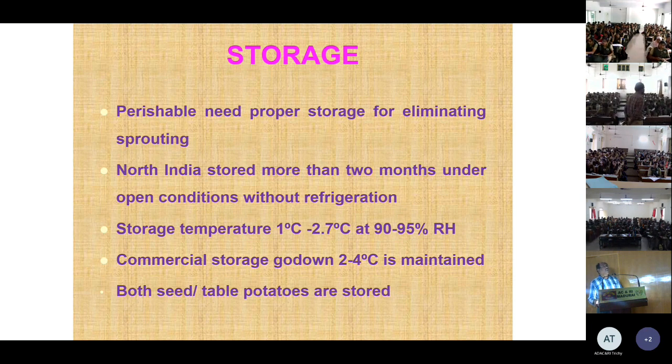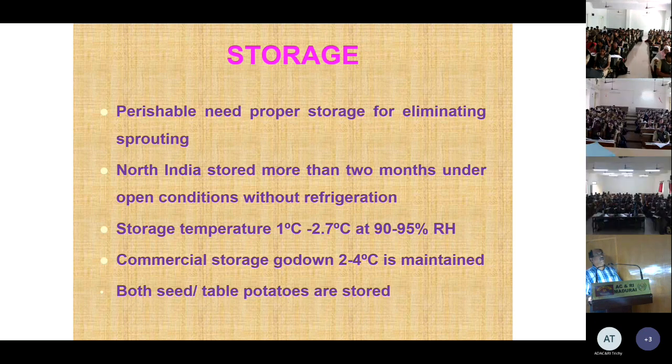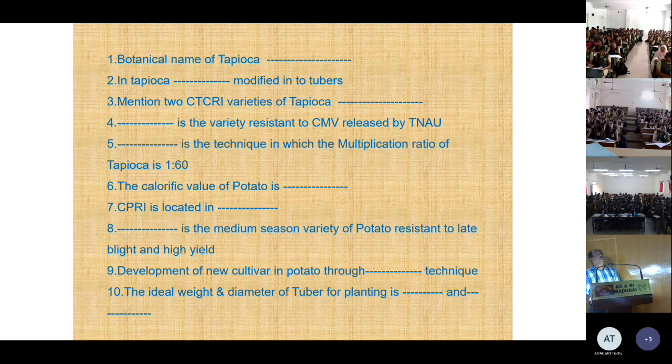Normally the tubers are stored at a temperature of 1 to 2.7 degrees centigrade with a relative humidity of 90 to 95%. In commercial storage godowns, a temperature of 2 to 4 degrees is maintained. Both seed and table potatoes are stored. So these are all the important production technologies of potato.